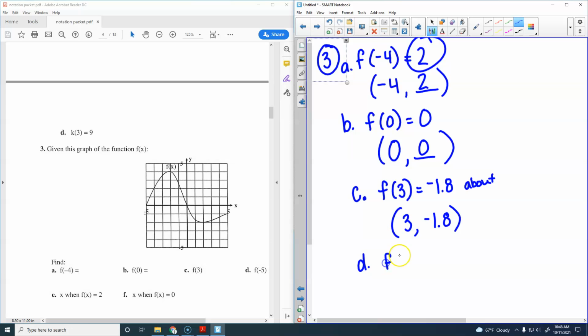Okay, then it asked me for f of negative 5. So that means my x-coordinate is negative 5. So, Ayla, if I look at that graph, I'm looking for the y-coordinate that goes to the point where x equals negative 5. What is that going to be?